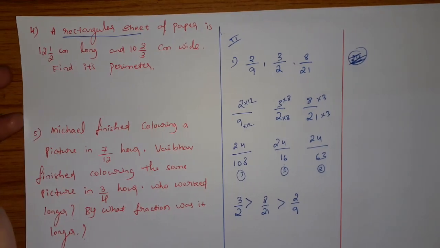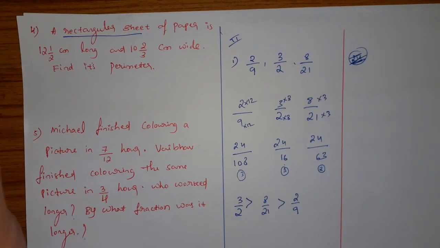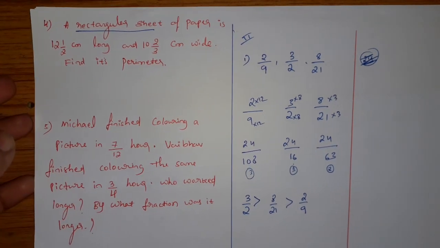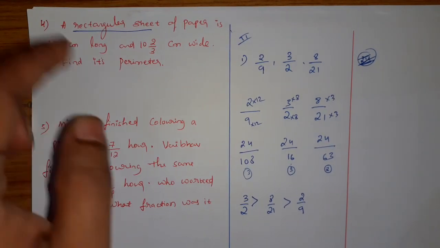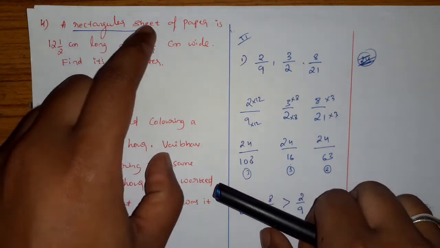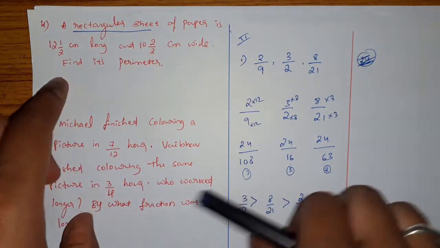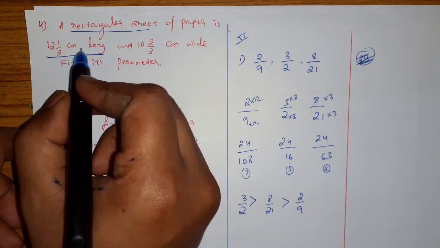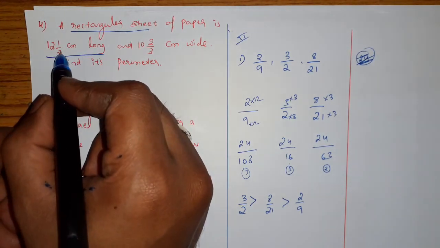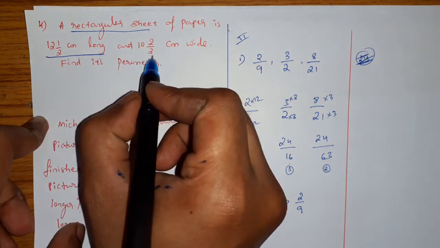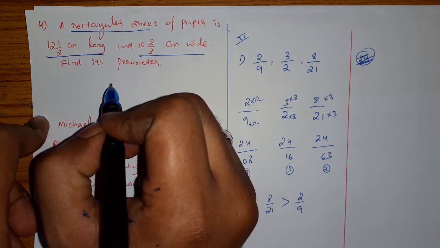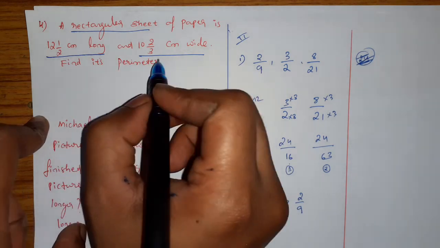In a rectangle, length is different and breadth is different. This paper sheet is in the form of a rectangle, your cardboard is in the form of a rectangle. The length is 12 1 by 2 centimeters, and 10 2 by 3 centimeters is wide. Wide means breadth only, or width; breadth and width are both the same.